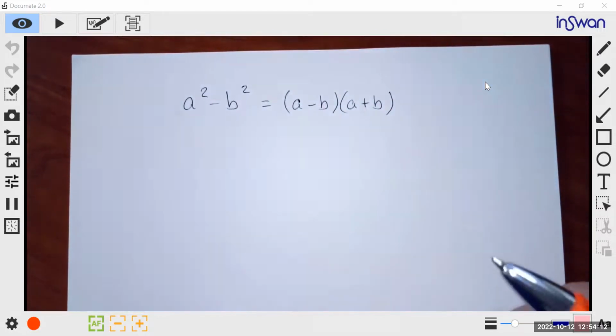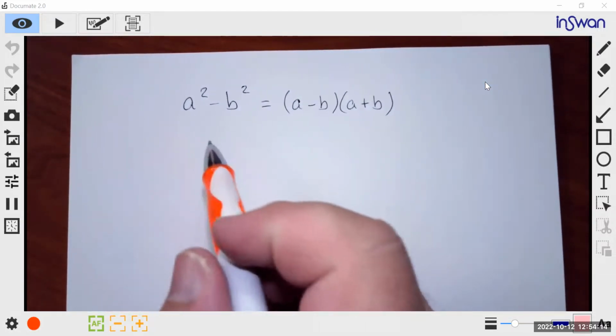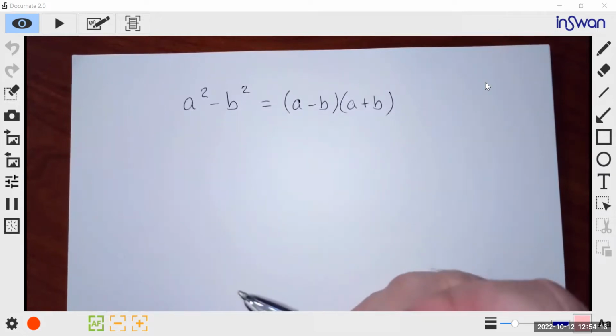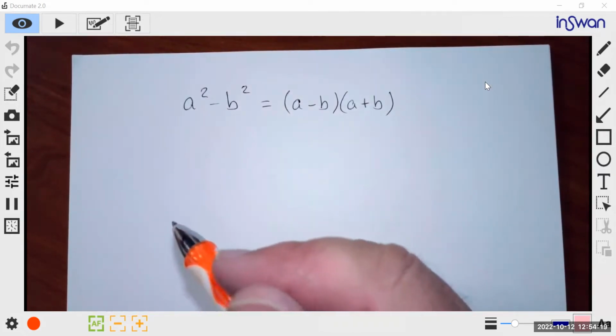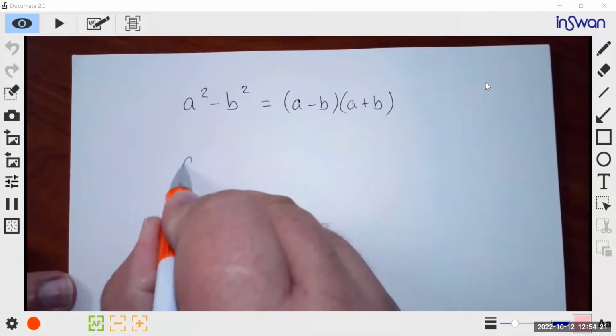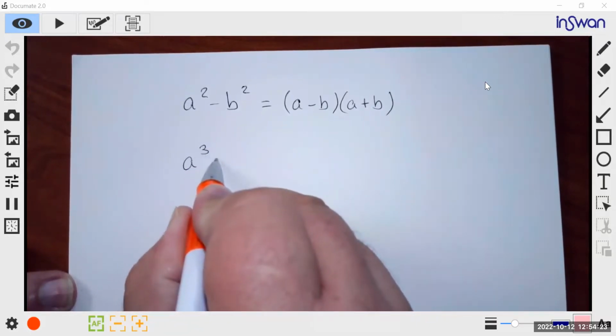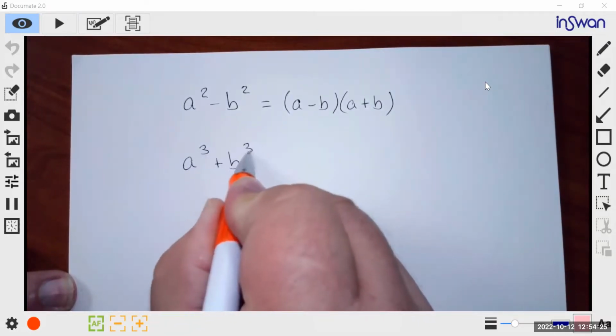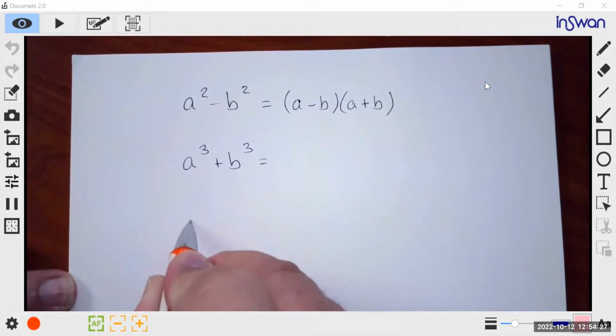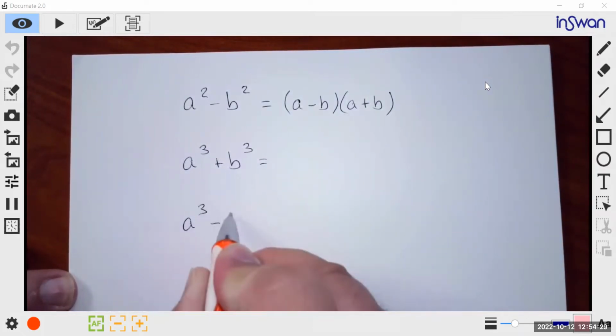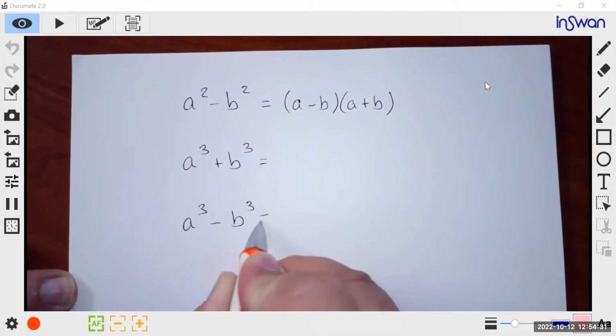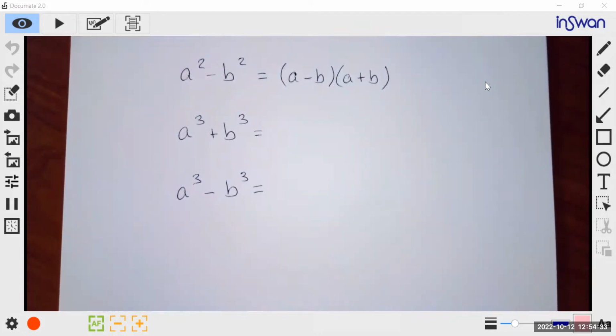It has to have opposite signs, because notice there's no middle term. So the middle term has to cancel. That's the difference of two squares. We have two more. The sum and difference of two cubes.